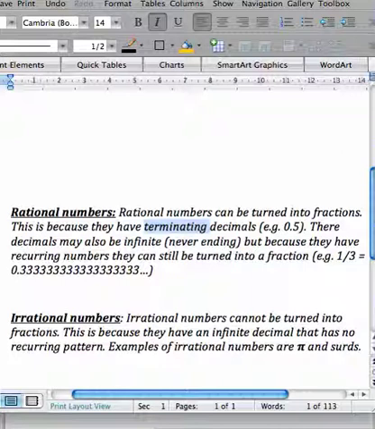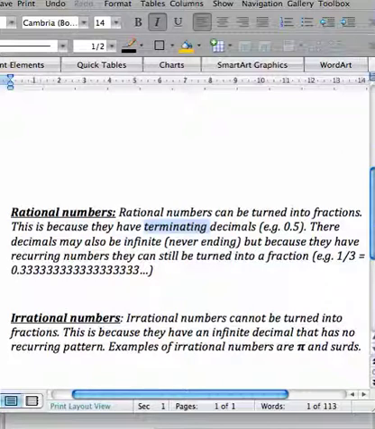But because it has a recurring pattern, and recurring means repeating, like reoccurring, 3 is the number in our pattern. That's great, because now it can be turned into a fraction, even though its decimal never ends.